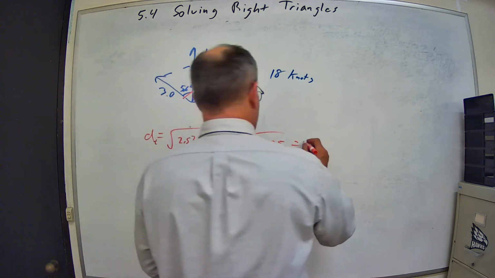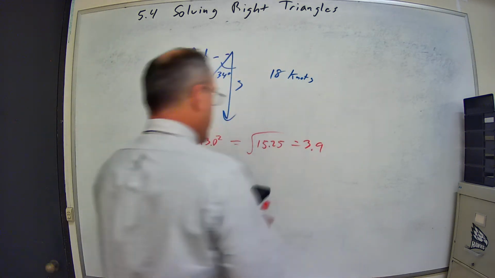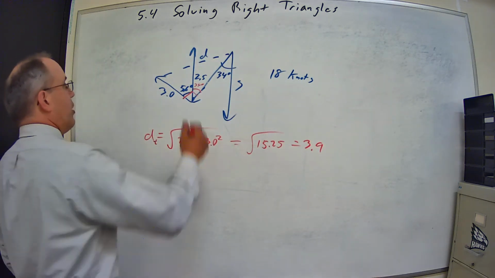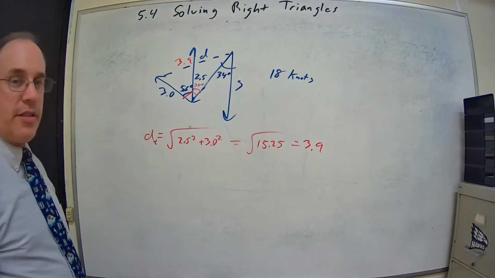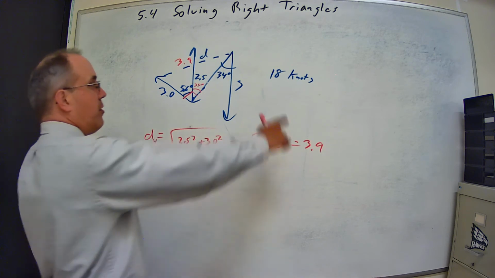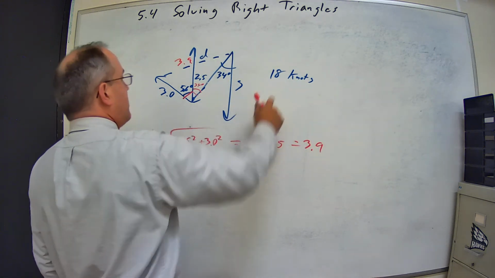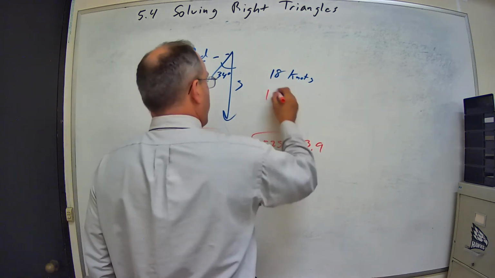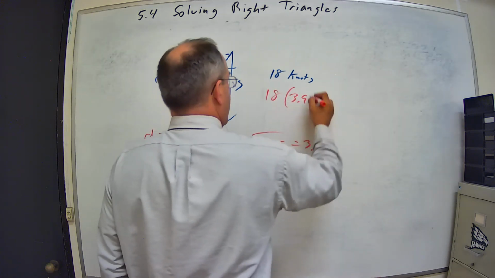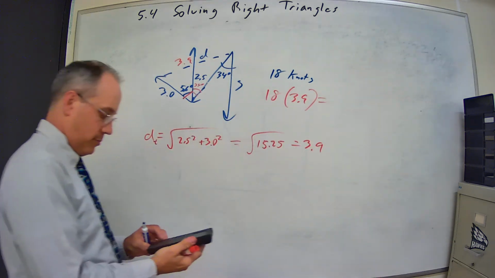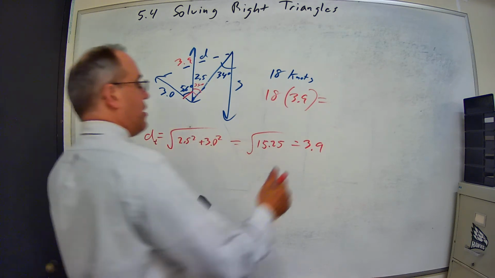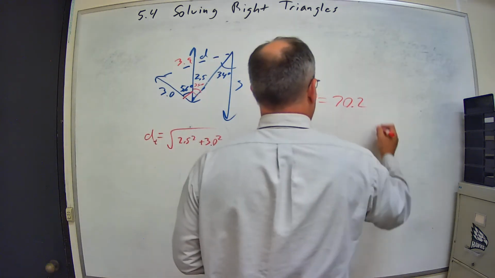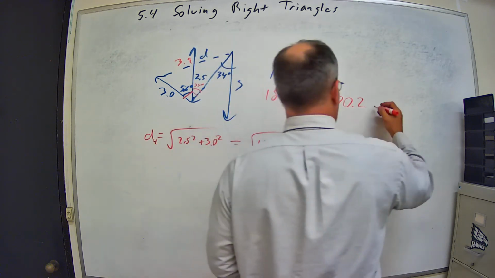3.9 hours is what it would have taken to cover that distance there. We're traveling at 18 knots, so I can just go 18 times 3.9 hours gives us 70.2 nautical miles.